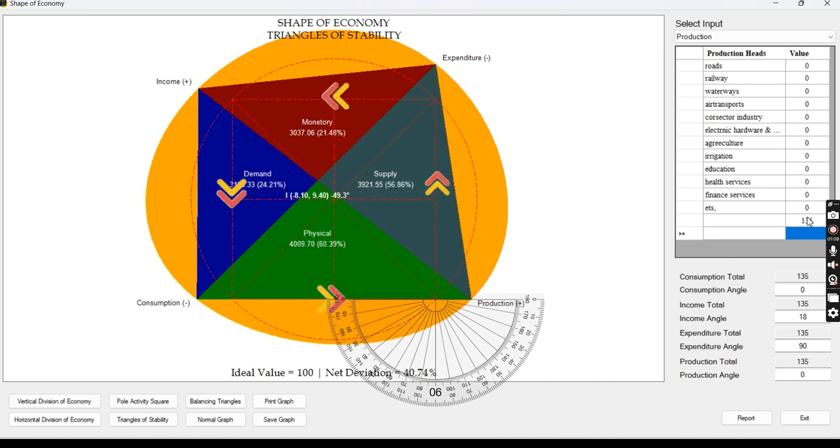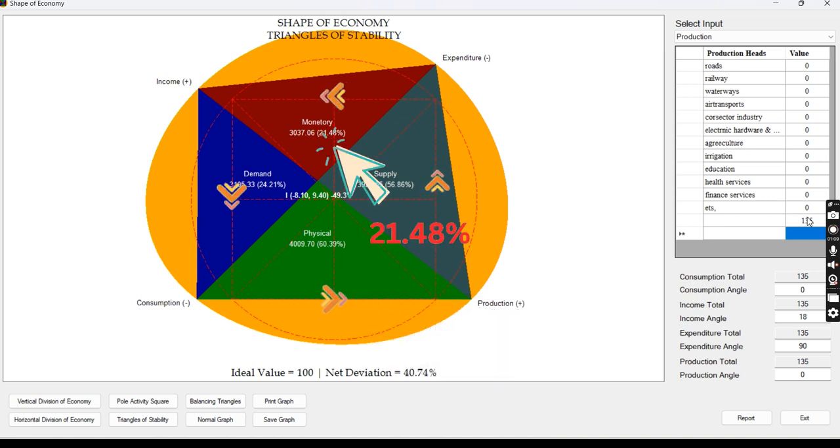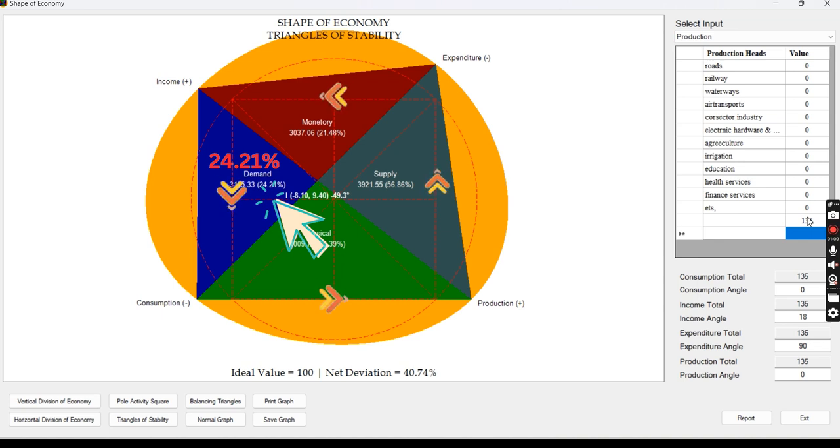So now this is the position. The square of economy has changed and all the values contained therein have also changed. None of the values you will find has decreased, rather increased. Monetary supply has increased by 21%. Demand has also grown by 24%.